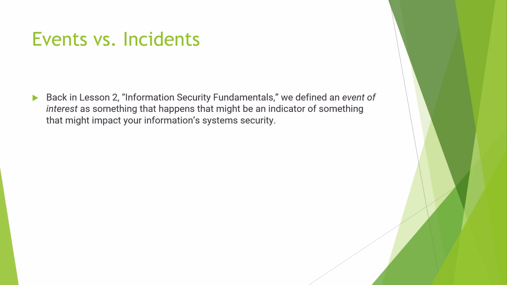So here we talked about the keyword event of interest, an indicator. We could also have an indicator of compromise, or IOC. If we happen to see logs of suspicious traffic leaving a system, that would be an indicator that that system may be infected.